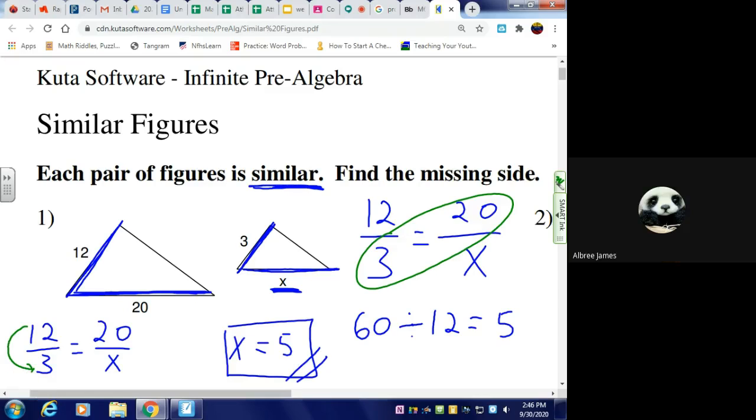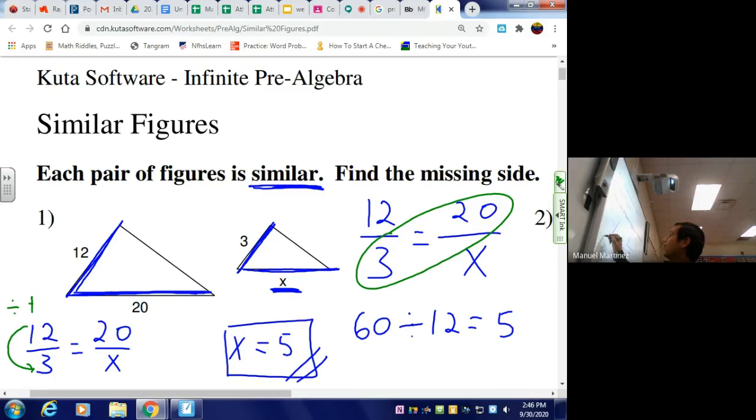So to go from 20 to your answer, you're going to have to divide by 4, and 20 divided by 4 equals 5. You're going to get the same answer. I just wanted to show you that other method.